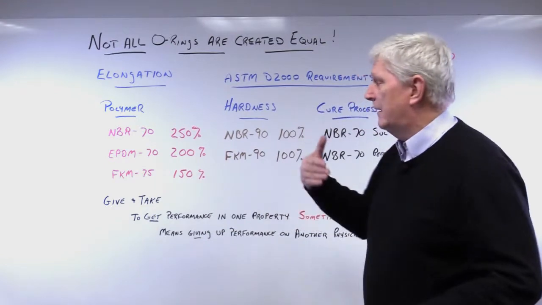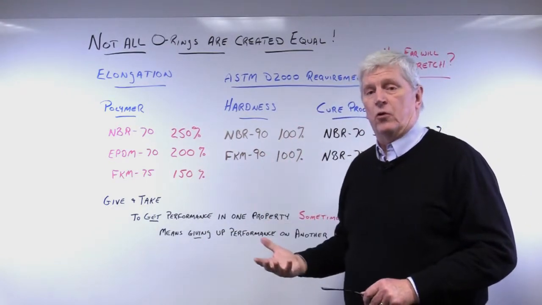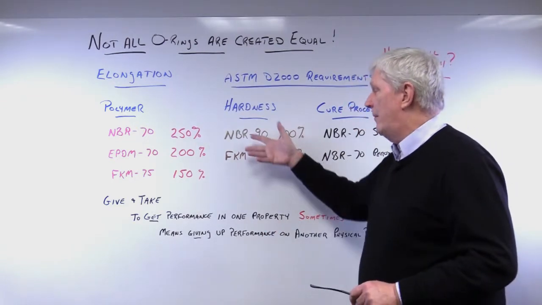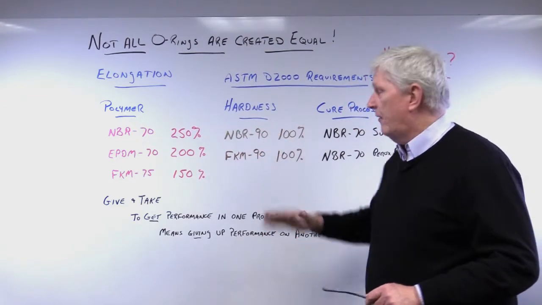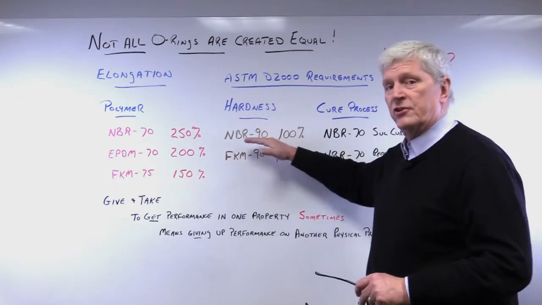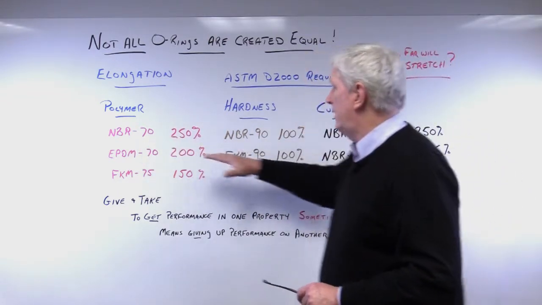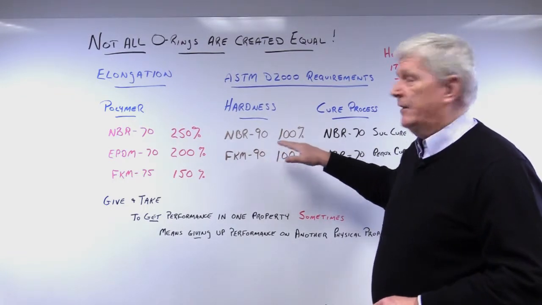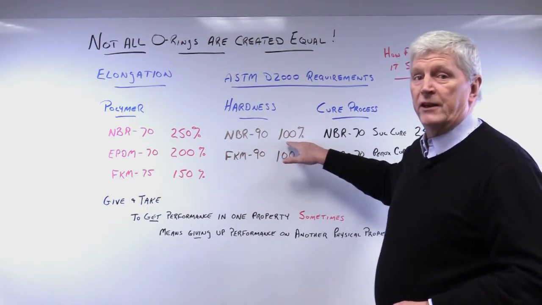Now, how does the effect of hardness of the O-ring impact elongation? Well, let's stay with the two common NBRs and FKMs. If the only thing I change is hardness and go from a 70 durometer nitrile to a 90 durometer nitrile, look what happens to my elongation. Now my elongation is only 100%.